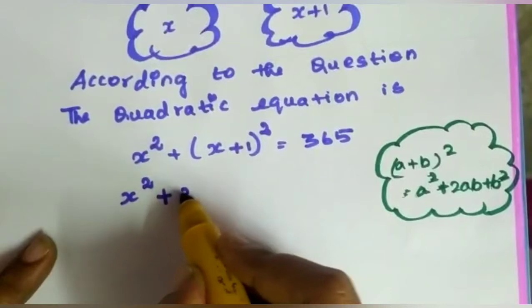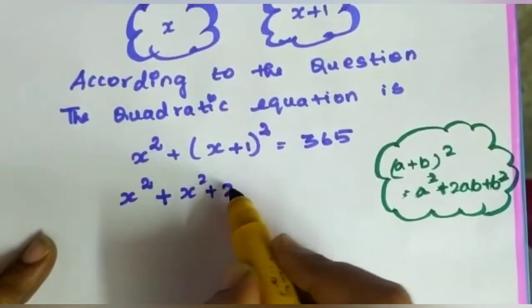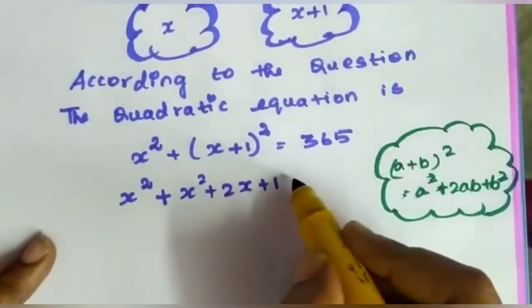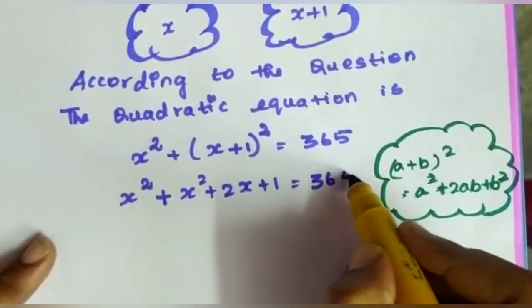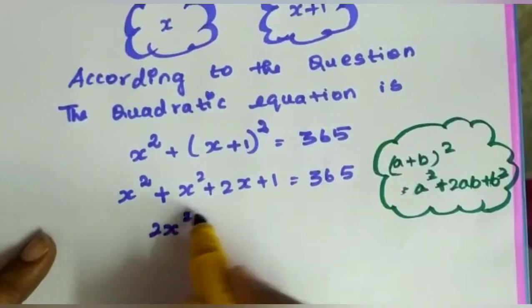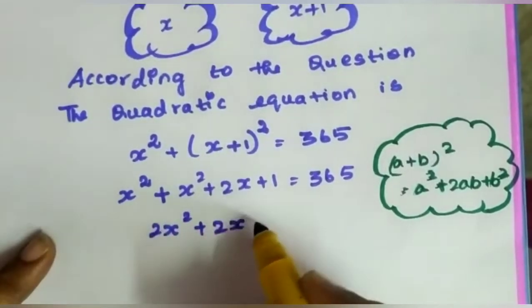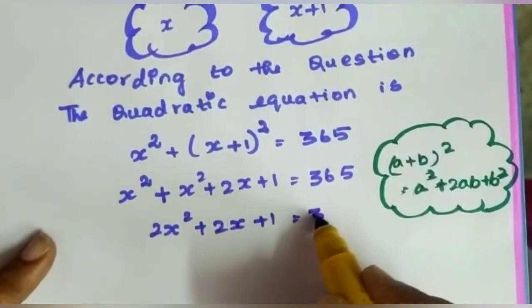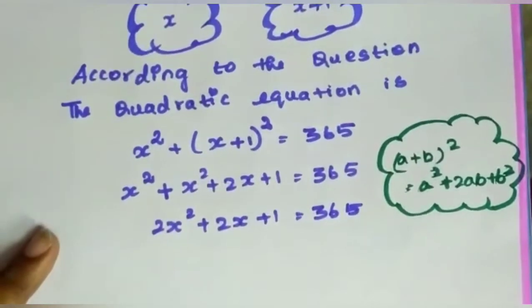So here x square plus x square plus 2x plus 1 is equal to 365, which gives 2x square plus 2x plus 1 is equal to 365.